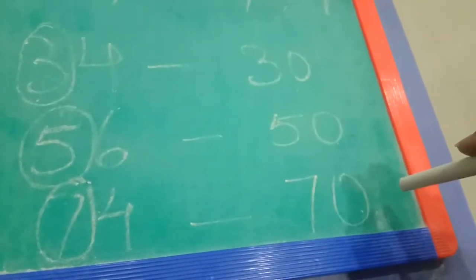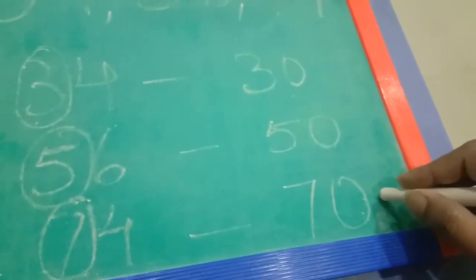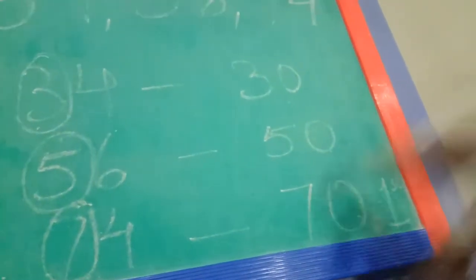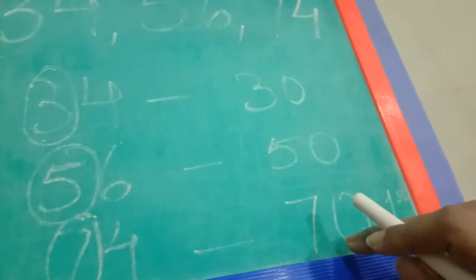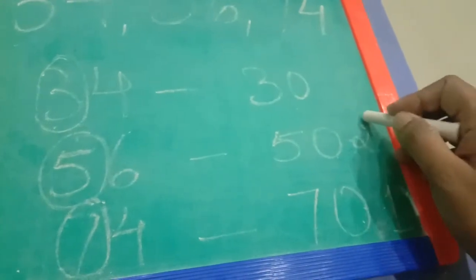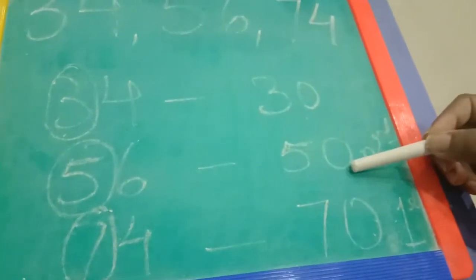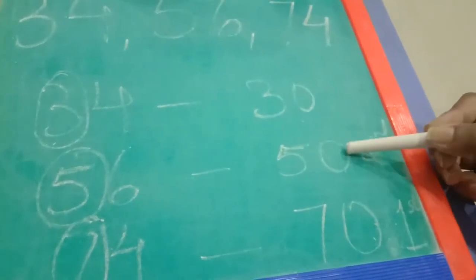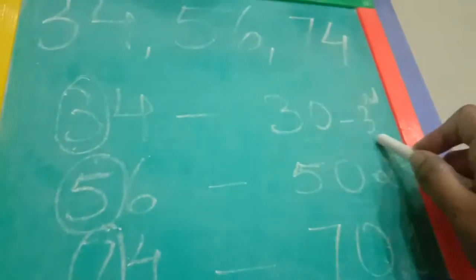The greatest amongst them is 70, so this will be first. Then the next smaller number after 70 is 50, so 50 will be in the second place, and the smallest is 30. So 30 is the last number.